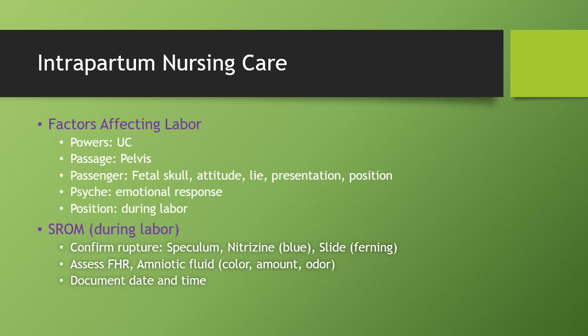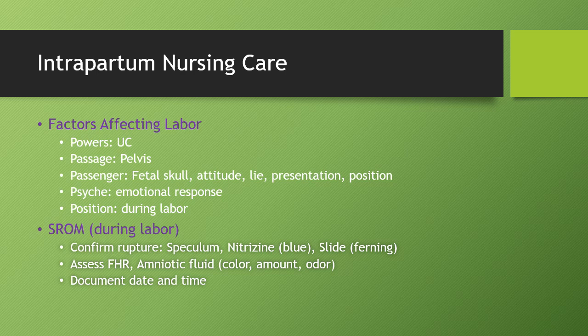To assess for rupture of membranes, we could do a speculum exam to look for pooling of fluid in the vagina. We could do nitrazine paper, which is normally a yellow-orange color, but it turns blue from the pH of the amniotic fluid. Or more commonly, we could collect a sample and send it for an AmniSure test, or ferning.